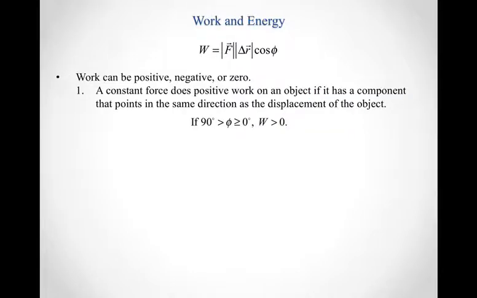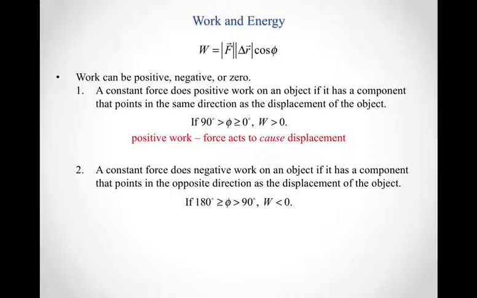Work can be positive, it can be negative, it can be 0, and that depends on the angle between your two vectors. If the force has a component that points in the same direction as the displacement, that means that the angle between the force and the displacement vectors is somewhere between 0 and up to but not including 90 degrees, then that force does positive work. What that means is that force is acting to help cause the displacement.